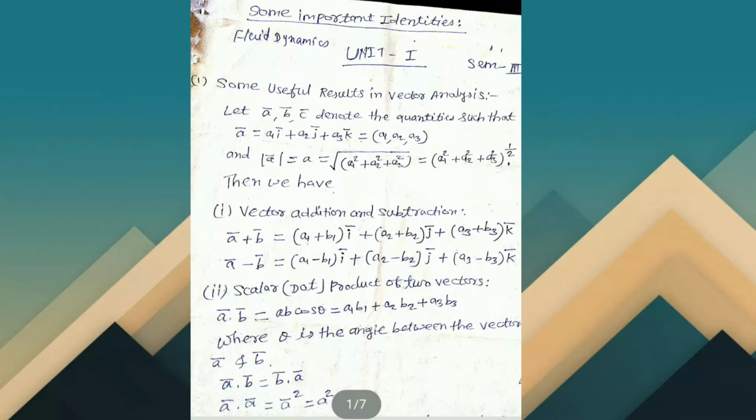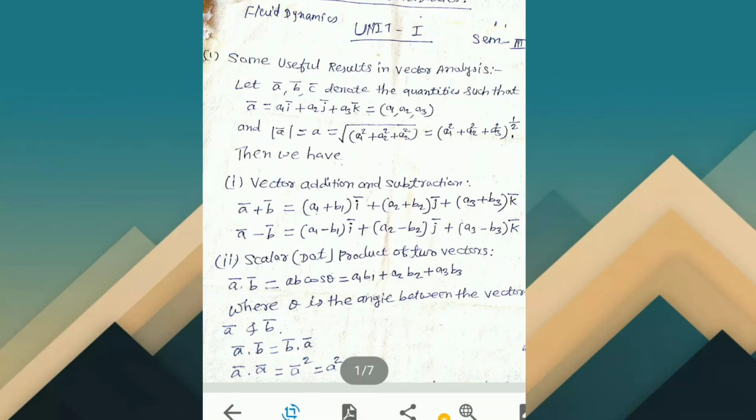Then we have the vector addition and subtraction. We will see these properties: vector addition properties, vector subtraction properties. So first, vector addition: vector A bar plus B bar is equal to (A1 plus B1) i bar plus (A2 plus B2) j bar plus (A3 plus B3) k bar.